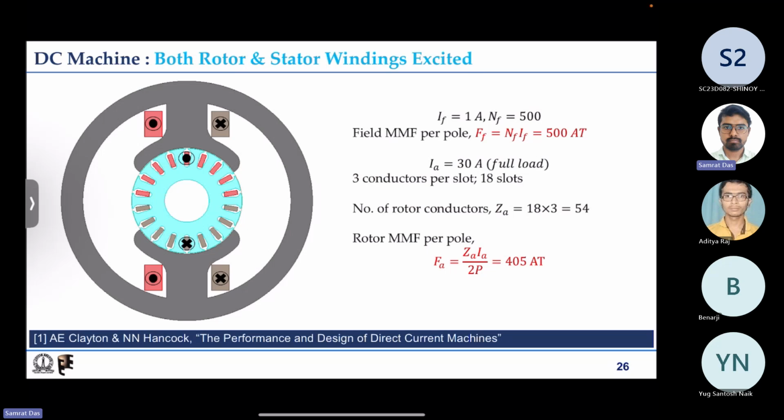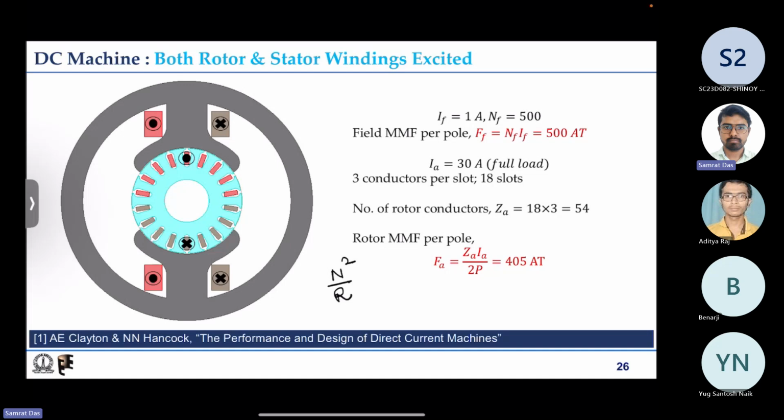Inductance is nothing but number of turns squared divided by reluctance. Simplified reluctance. So which winding do you think sees higher reluctance, and which one sees lower reluctance?